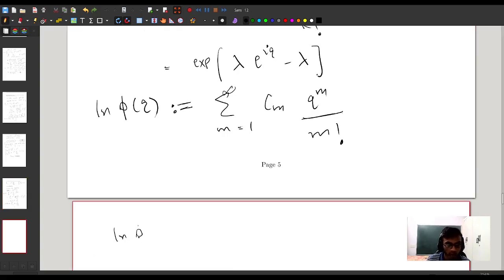So log phi of q, for this particular probability distribution, is lambda times e to the iq minus 1.